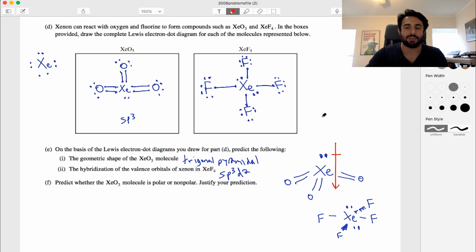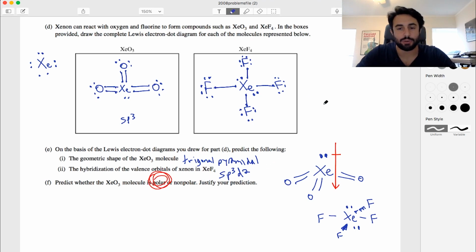But the fact that there is this lone pair here gives it that pyramidal shape, and that means that the bond dipoles all point a little bit down. If you take all those bond dipoles and add them up, you do get a net dipole that is pointing in this direction, right? So that will be polar overall.